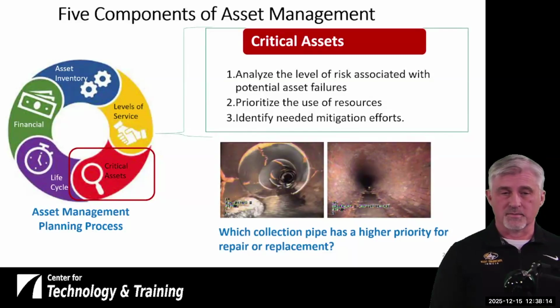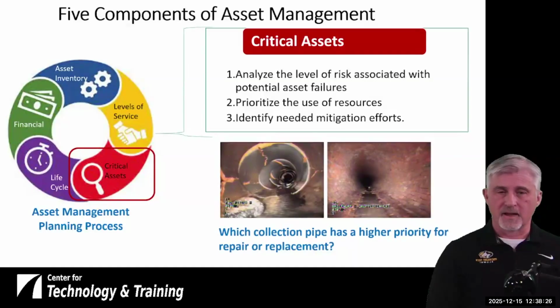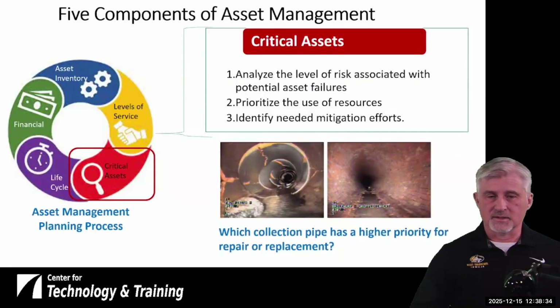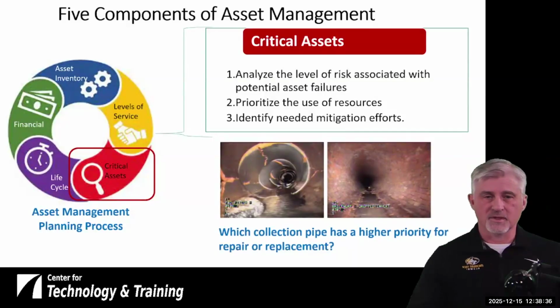I don't know how long it may have been in service, maybe 100 years, but it looks pretty clean and in pretty good shape. So, which collection pipe has a higher priority for repair or replacement? Had somebody not looked at these pipes, you might think that the pipe on the right was the higher priority, but it doesn't appear that way from these photos.